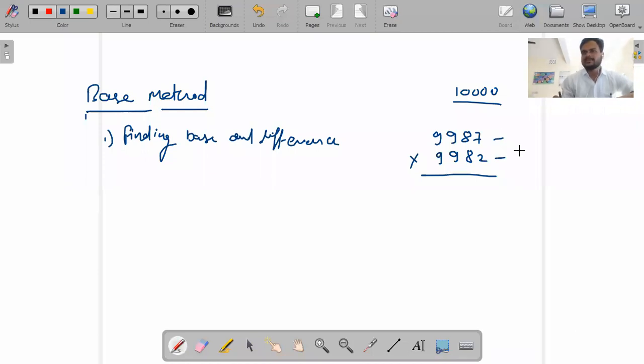So what is the difference? Minus 13 here, and for this number the difference will be minus 18, right?